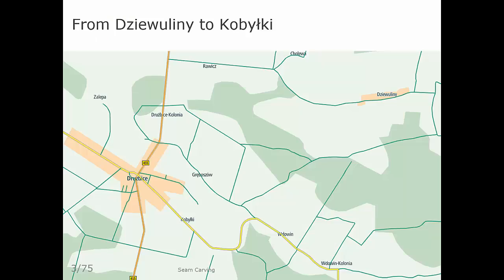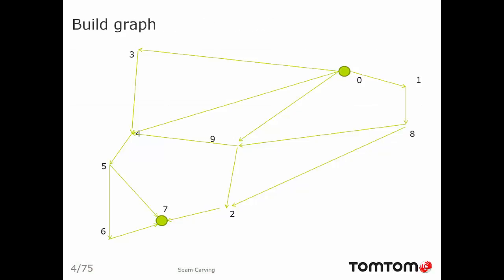So to warm up, I'm going to start with a bit off-topic example. Let's imagine we want to find the shortest, most optimal path from city A to city B. For this example, it's from Dziewuliny to Kobyłki. For this purpose, we will generate a graph with vertices and edges.